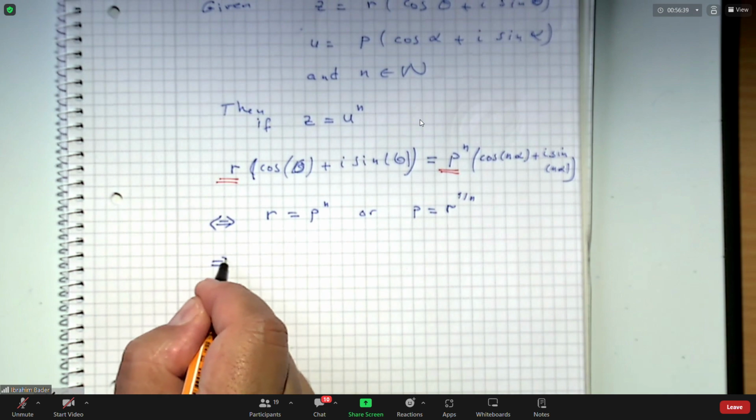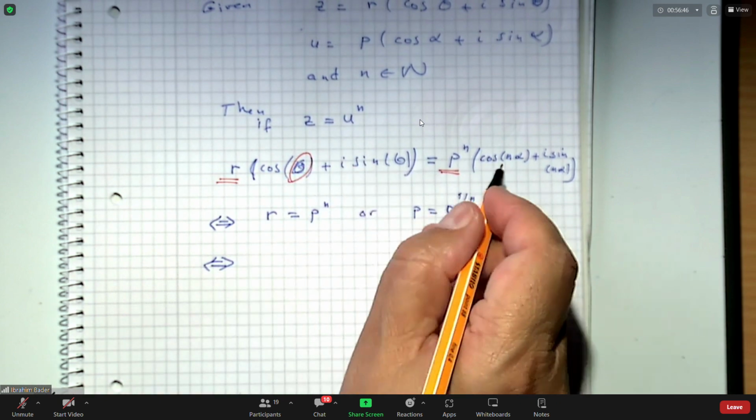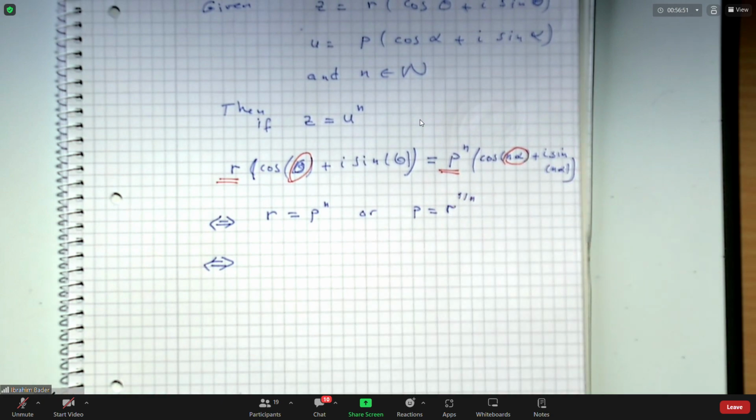Now, what about the angles here? The angles here also must be equal. That means this theta must be equal to n alpha.